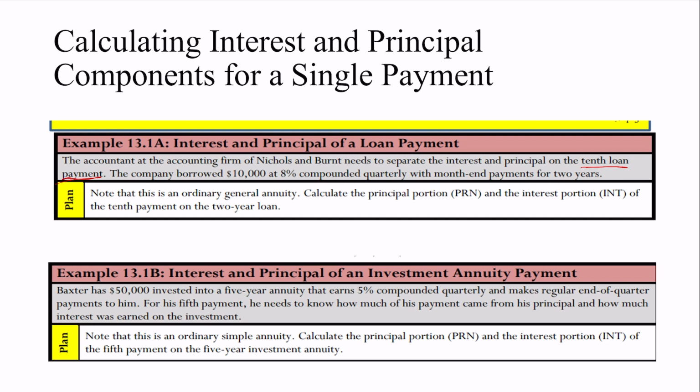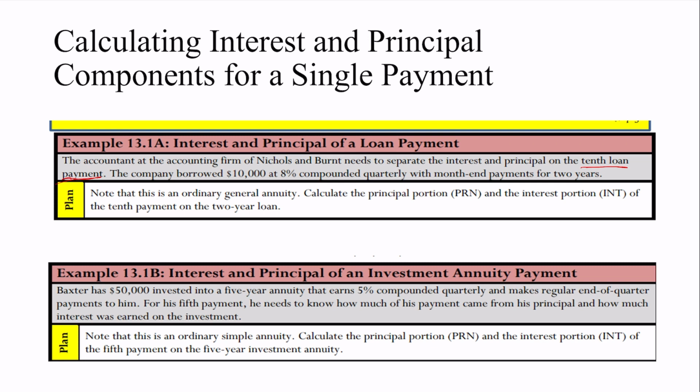The company borrowed 10,000 at 8% compounded quarterly with a month-end payment for 2 years. So note that this is an ordinary general annuity. Calculate the principal portion PRN and the interest portion INT of the 10th payment on the 2-year loan. So it's a 2-year loan, and we are talking about the 10th payment.